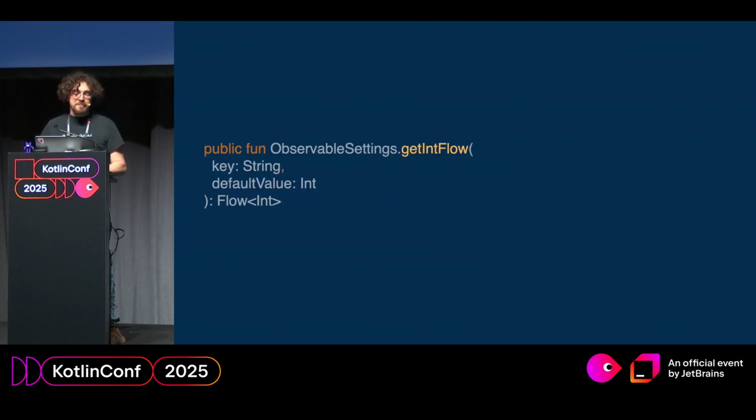The most obvious one is a coroutines integration so that if you have something that's observable, you can read your values as flows. At first, this seemed like it would be the easiest thing in the world. And this API is fine. It works great.